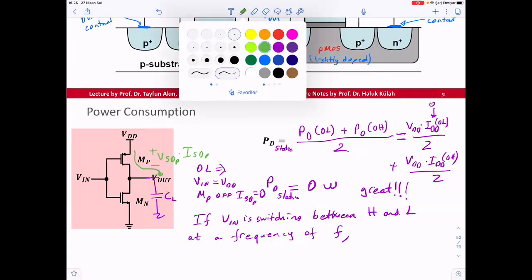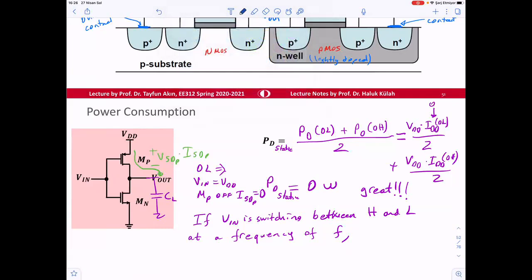And while discharging, let's say this is discharging, the other cycle, there's going to be drain-to-source voltage of N times drain-to-source current of N. Therefore, there's going to be power dissipation on MP and MN.